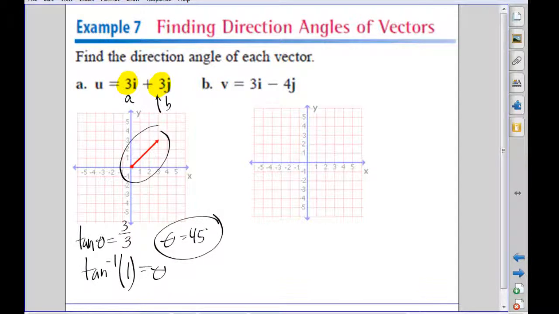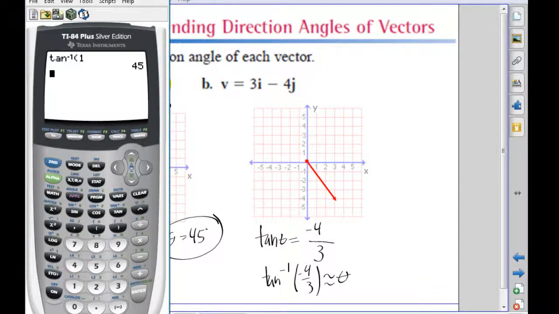For B, we've got vector v is 3i minus 4j. So over 3, down 4. So tangent of theta is your b over your a. Take the inverse, come out with theta, grab your calculator, inverse tan, negative 4 over 3.